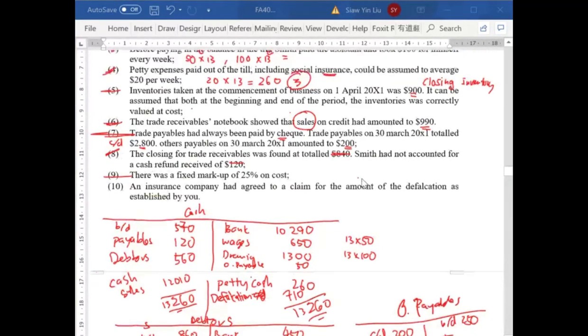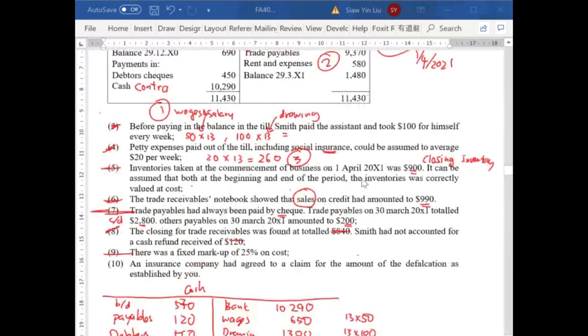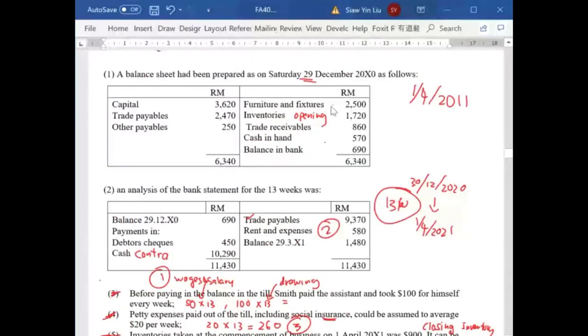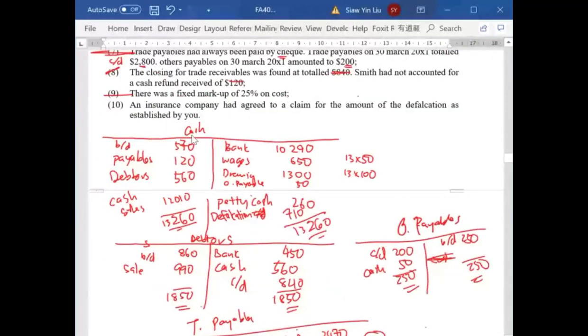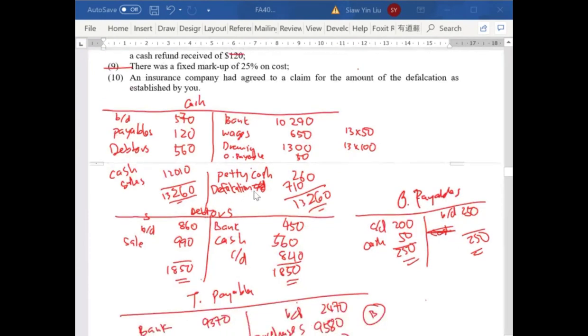In the financial position, you will have your fixtures and fittings as fixed assets. Then you have your current assets. Bank balance is 0, so you have no balance in bank, and cash balance is 0, so no balance in cash. But you will have a balance for this defalcation.